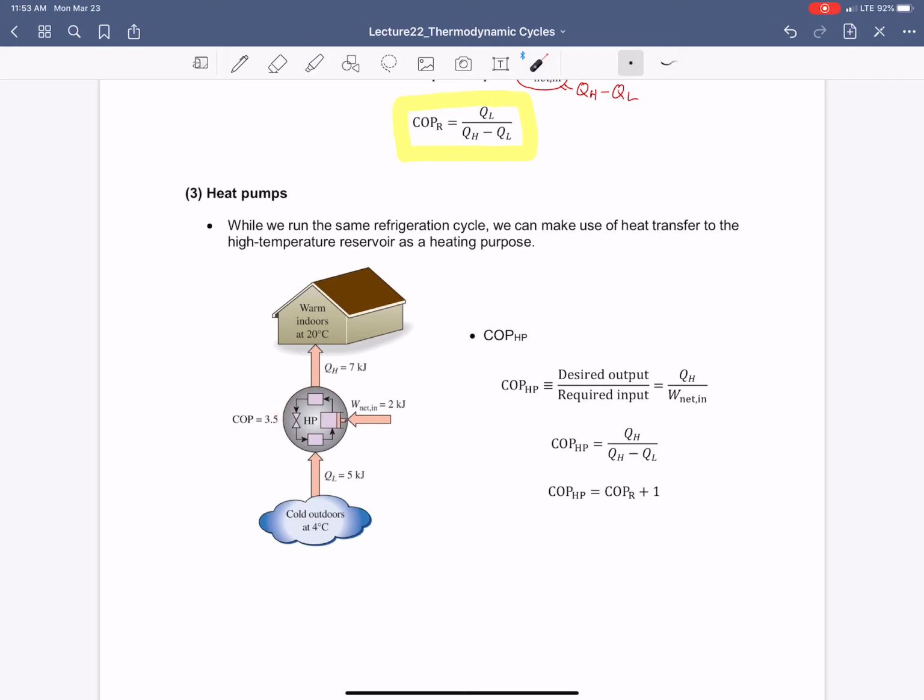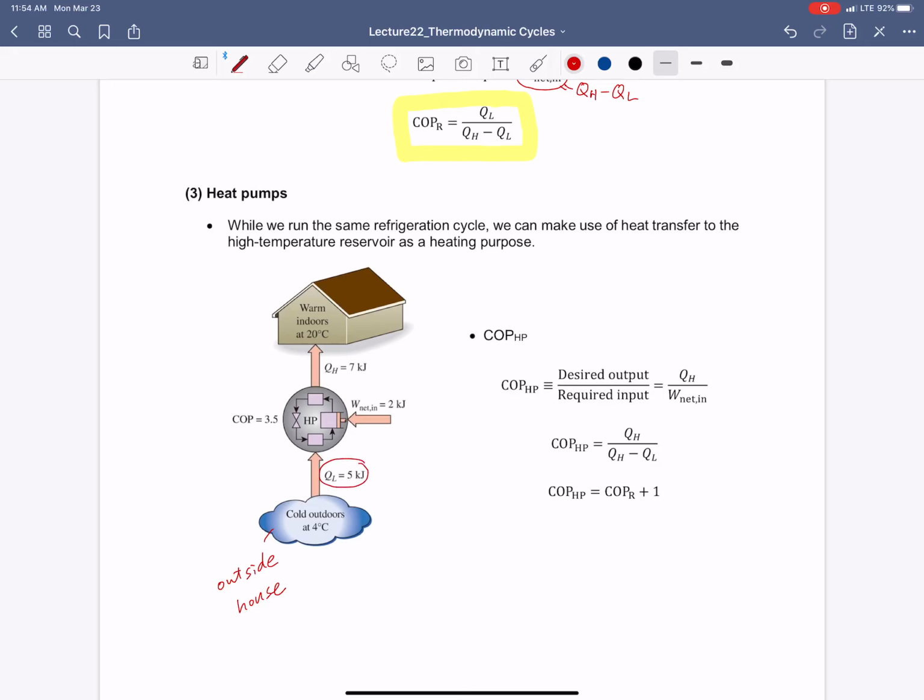So now we have a refrigeration cycle. That still needs a certain amount of work to run this cycle, and we need a heat input from a cold outdoors, which should be outside your house. Let's assume that it is winter, so outside your house it is very cold, let's say 4 degrees Celsius. Even from this cold outdoors, we take certain heat into the system.